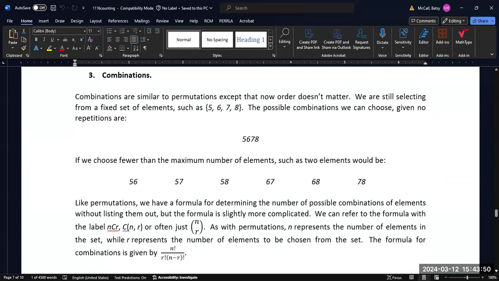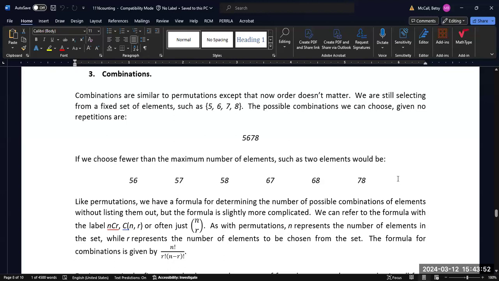And then the last counting rule we're going to look at are combinations. So combinations are somewhat similar to the permutations, except that order doesn't matter. So if we were choosing all of these items, then we don't care what order they're in, and all those reorderings that we were listing in the permutations case wouldn't matter.